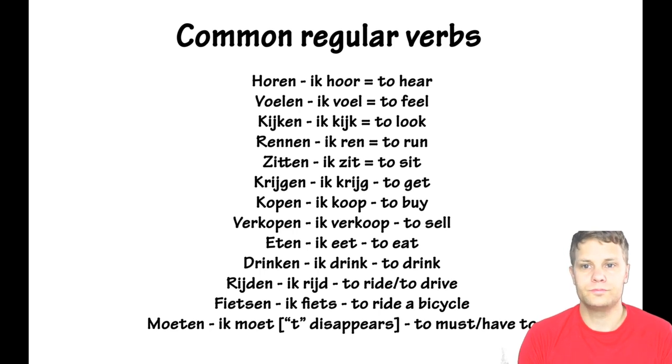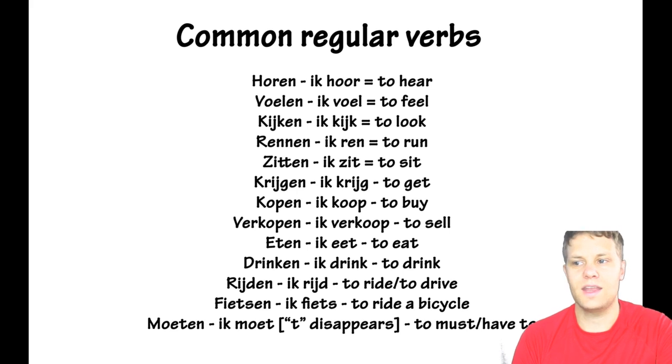Voelen, ik voel, means to feel. Kijken, ik kijk, means to look. Rennen, ik ren, means to run. So if you say jij rent, it means you run, because it gets a T. If you say you guys are running, you say jullie rennen, because jullie is you plural.